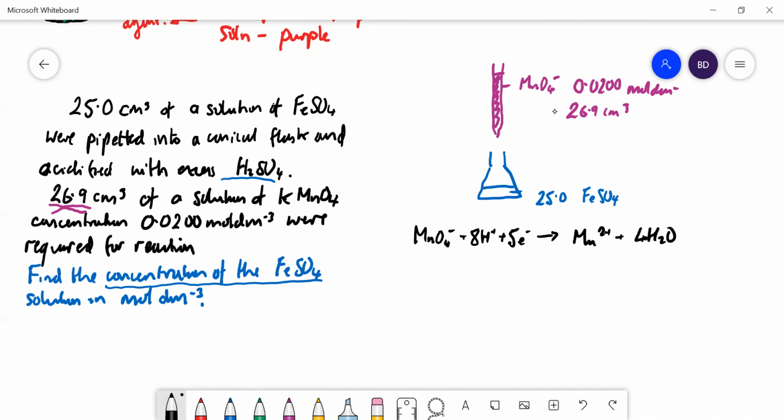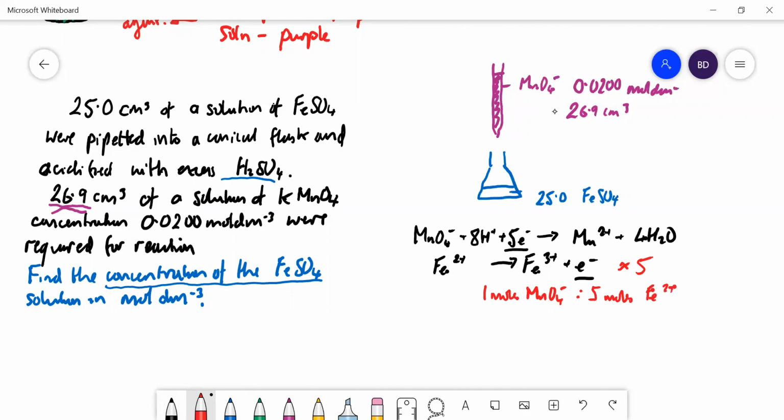And the reducing agent, well, the iron is going to go to Fe3+ plus an electron. So if we look at the number of electrons involved, we've got 5 there and 1 there. So what we need to do is times this one by 5. So the molar ratio that we're talking about is 1 mole of manganate to 5 moles of Fe2+.